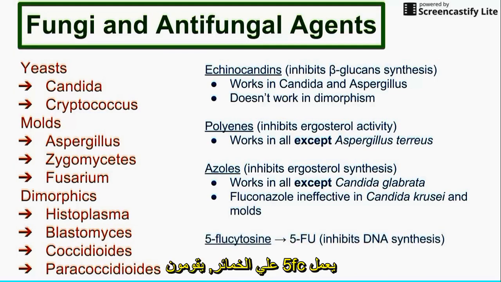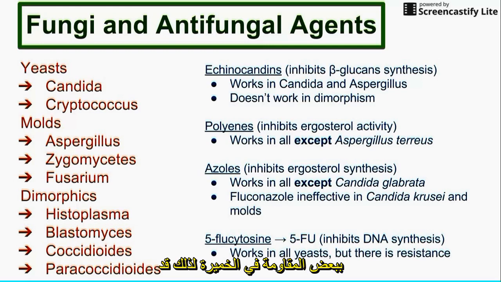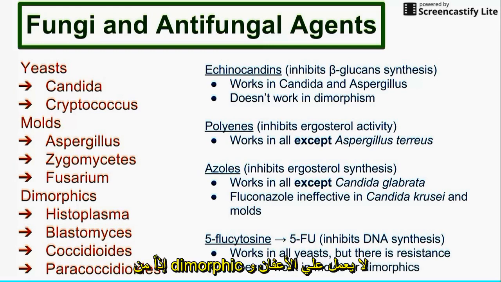And then, of course, 5-FC works in the yeasts. They do cause some resistance in the yeast, so it might not be your first choice. And it does not work in the molds and dimorphics. So of these shown here, it seems like polyenes have the broadest range, whereas 5-FC that gets converted to 5-FU has one of the smaller ranges.